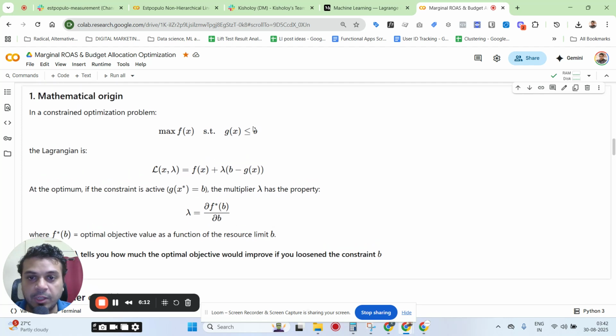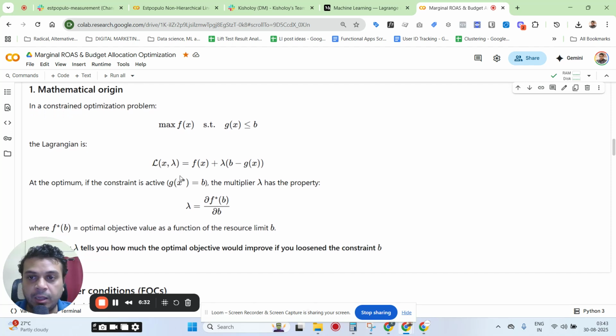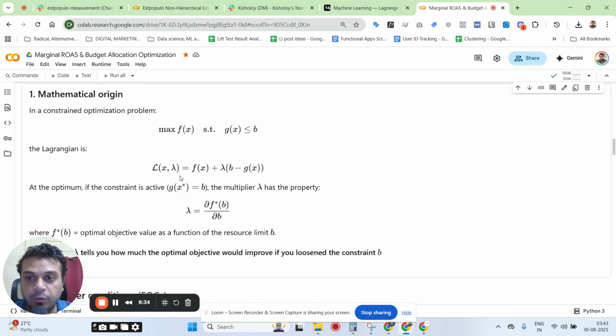Now you also have a budget constraint, right? You have a limitation of the budget, the total amount of budget that can go across the channels. So g(x) becomes another function which must be less than or equal to b. That's essentially a budget constraint, but this is the general mathematical formulation.